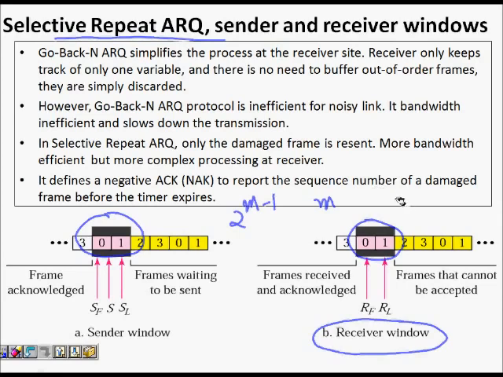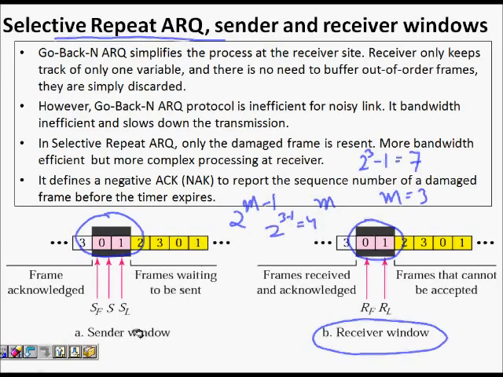If m is 3, in Go-Back-N we could have 2 to the power of 3 minus 1, 7, as the window size, but here the window size will be 2 to the power of 3 minus 1, which is 4. So only half of the sequence numbers, and we will see why it is so.